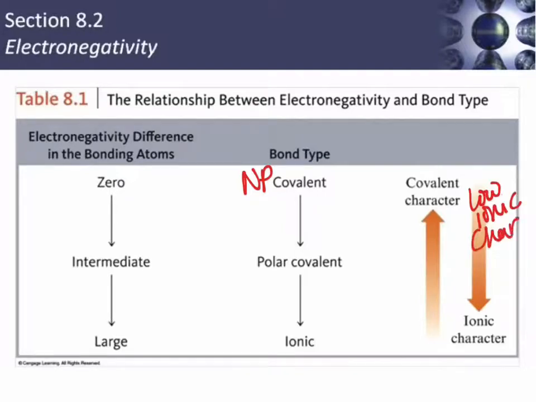Then as you go down the chart, you see polar covalent, and if you have a large electronegativity difference, then it's going to be ionic, which means it's going to have high ionic character or low covalent character. And when I talk about character, I'm talking about properties, that type of stuff.